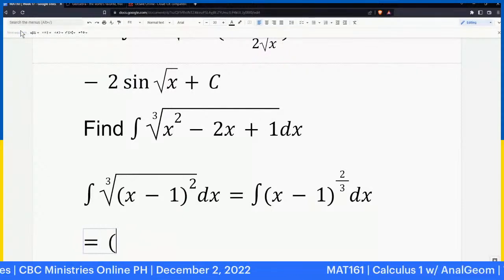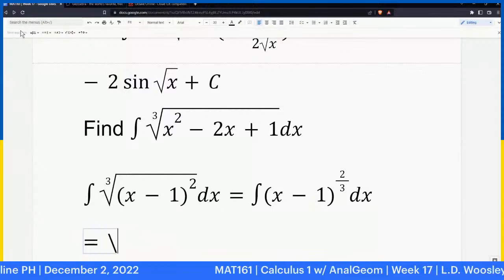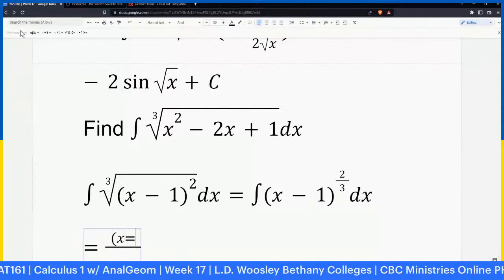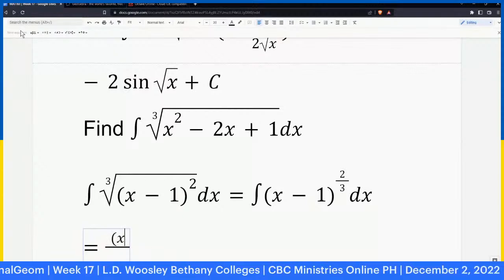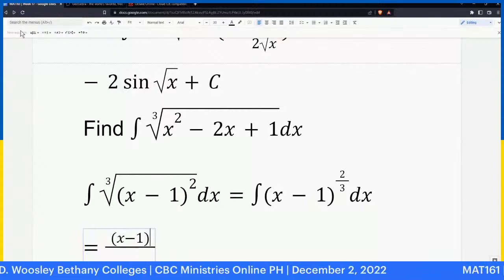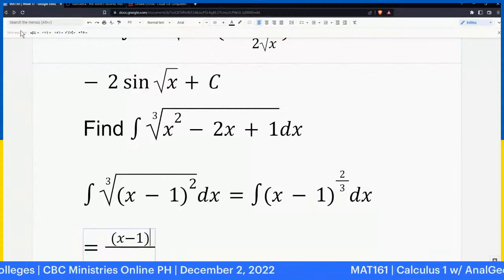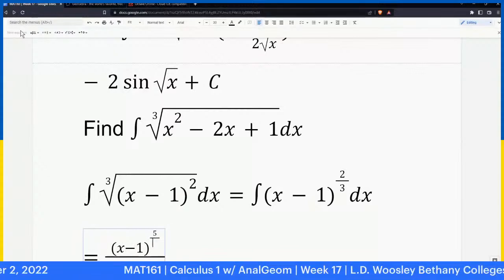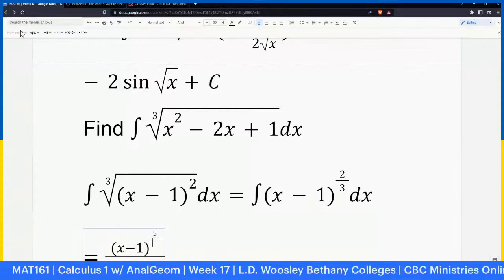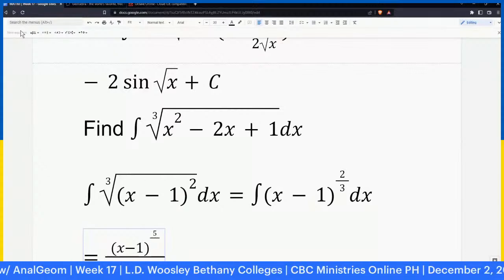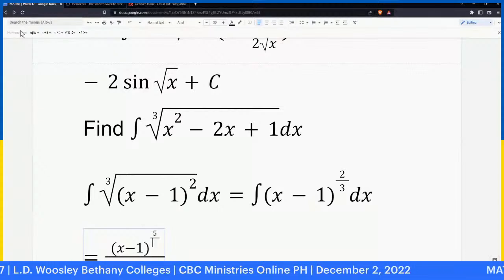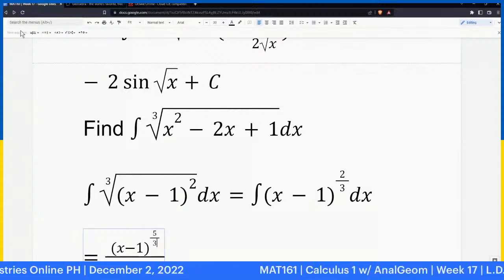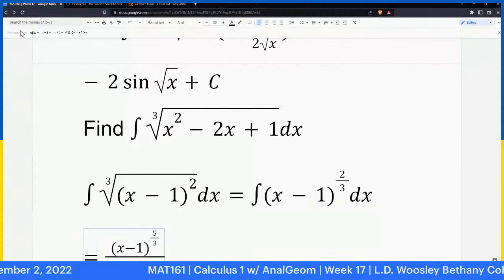So here, it will remain u, which is x minus 1 raised to 2/3 plus 1, guys. 3/3 plus 2/3, 3/3 is 1 eh. 5/3. Tama, 5/3.